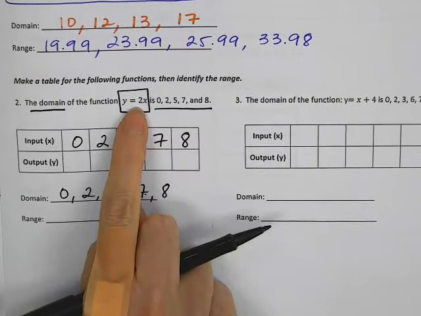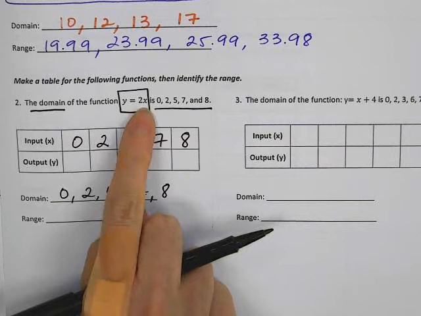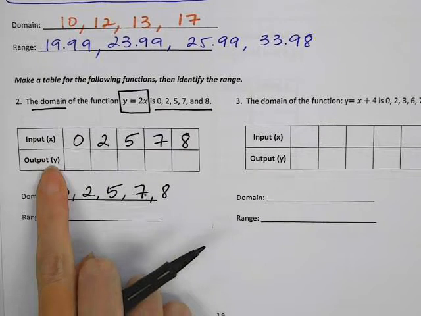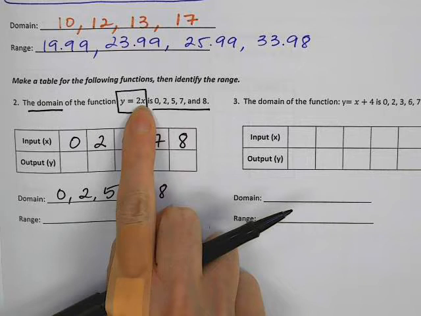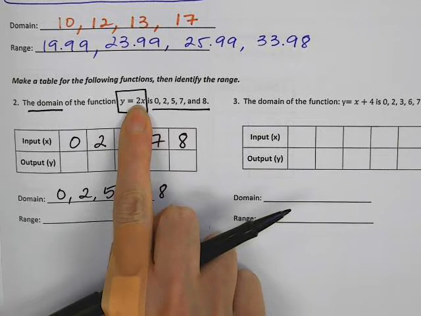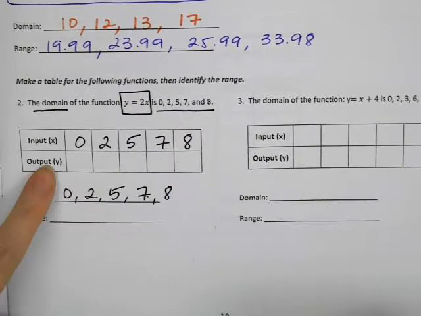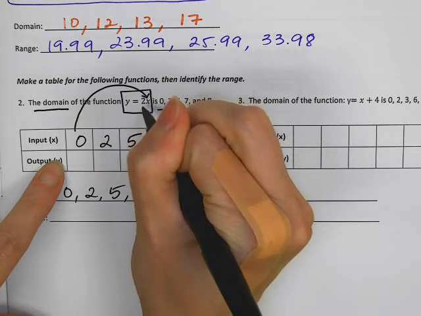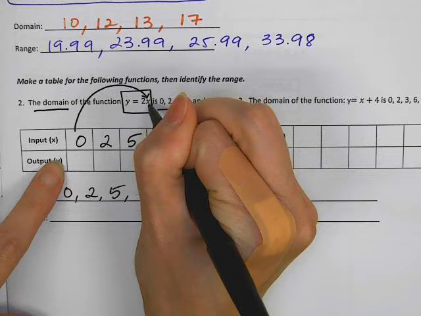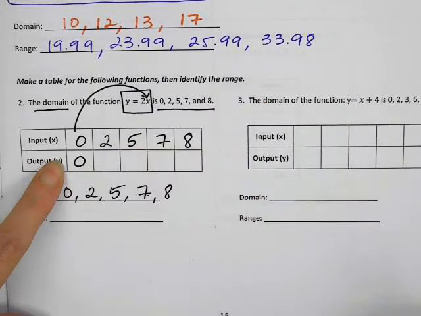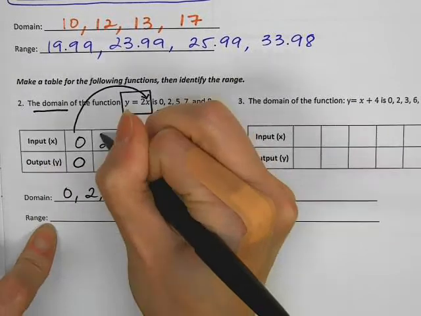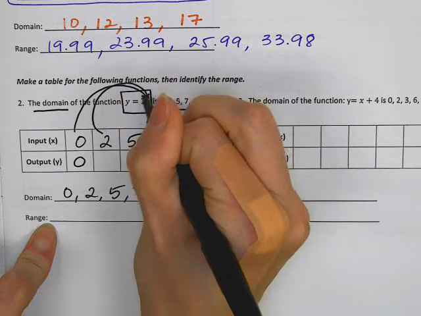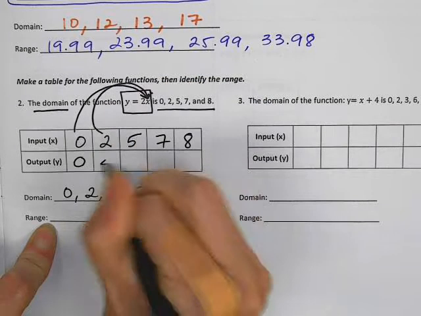Well, if we give you a function, y equals 2x, then in order to find y, you just have to multiply x by 2. All right? So, like when x is 0, what is 2 times 0? Well, that's 0. When x is 2, y is going to be, what's 2 times 2? That's 4.